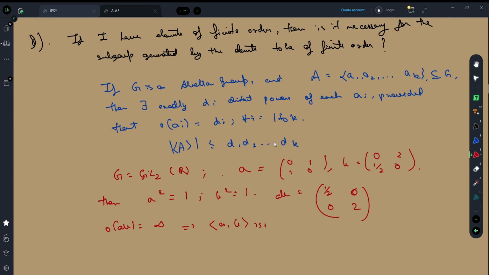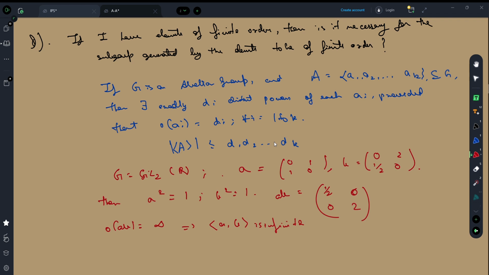So order of an element is said to be infinite if it does not have a finite order. So if the order of ab is infinite, what does that directly mean? That means that the group generated by a and b is infinite. Right? But a and b are both of finite order.